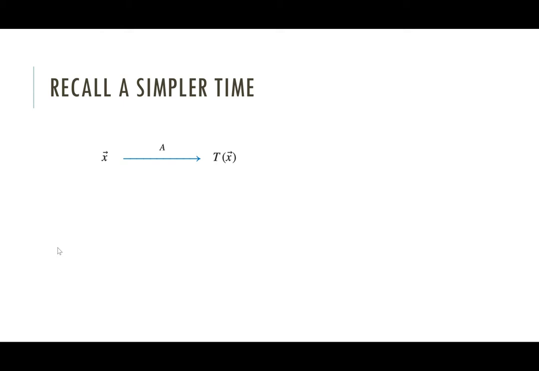So then we started to worry about, what if we had some new basis v1 to vn of Rn, and now we write our vector in the coordinates of this new basis, and we write the transformed vector in the coordinates of the new basis. And now we have to wonder, how do we get B? Or if we have B, how do we get A? So how would we find B in this situation?